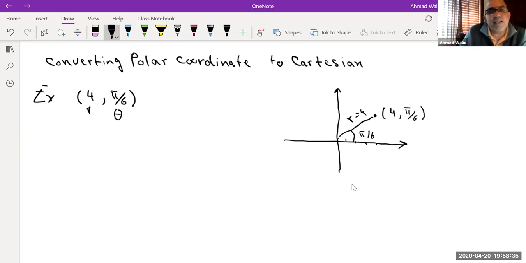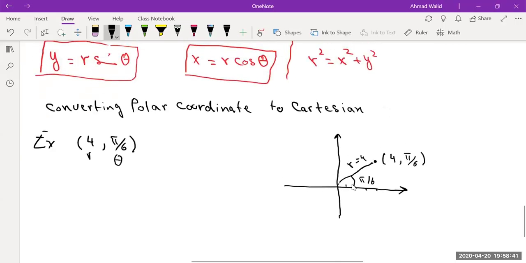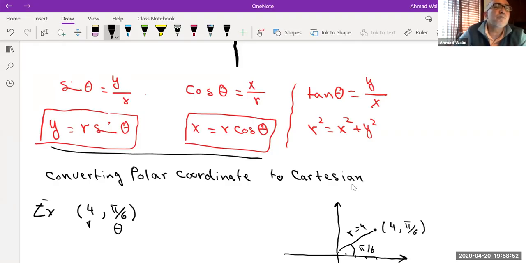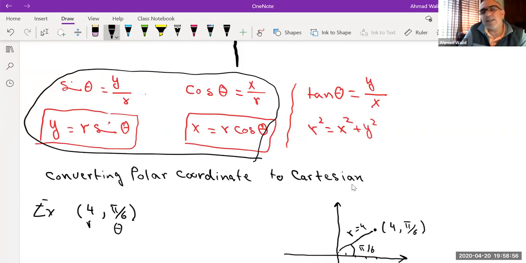Now, how to convert? Should I say it's really difficult or should I say it's really easy? Look, always remember, when you convert from polar to Cartesian, use these two. That's why I put a line there, that's why I separate them. When you are converting from polar to Cartesian, use these two formulas.